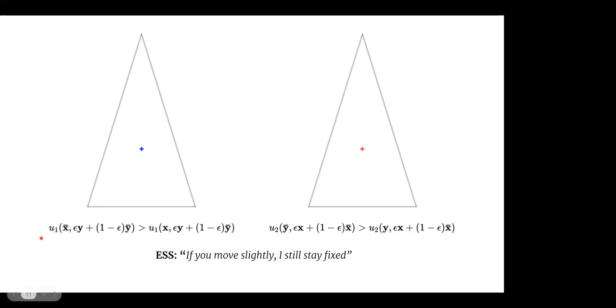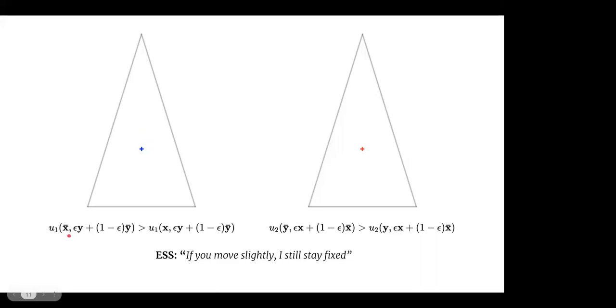Because in essence, what each one is saying is, okay, let's take my Nash equilibrium. I'm player 1. I'm at my Nash equilibrium. Let's say my opponent, Y, deviates slightly from their Nash equilibrium, okay?